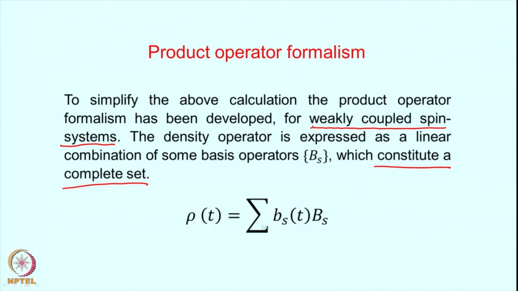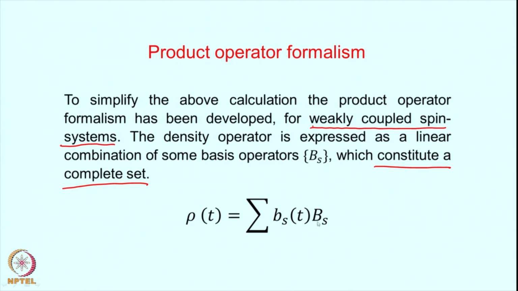So, we write rho of t as summation bs(t) Bs, where the capital Bs constitute what are called the basis operators, and the bs(t) are the coefficients which contribute to the summation. Whatever contributes here will determine the nature of the density operator at any point in time.